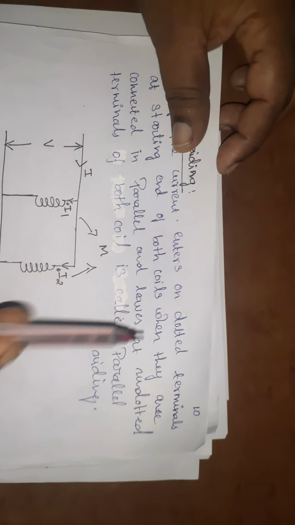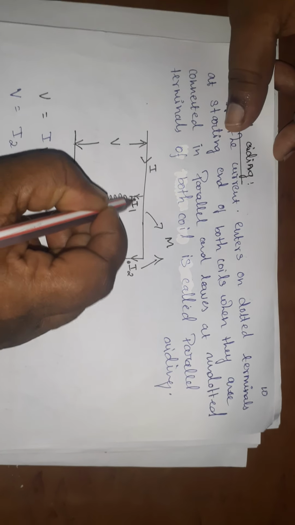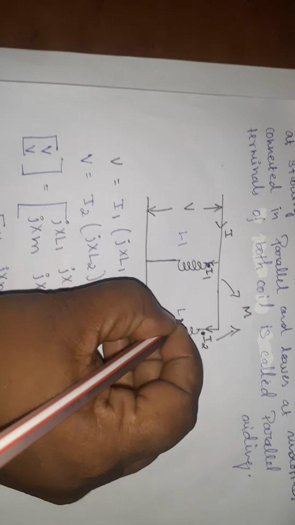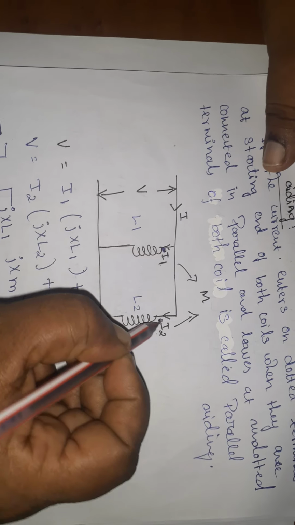In parallel aiding, two inductors are connected in parallel. See here, first parallel aiding. If the current enters on the dotted terminals at the starting end of both coils, this is the dotted terminal. Coil 1 has current I1, coil 2 has current I2. Both currents enter at the dotted end and leave from the undotted terminals.